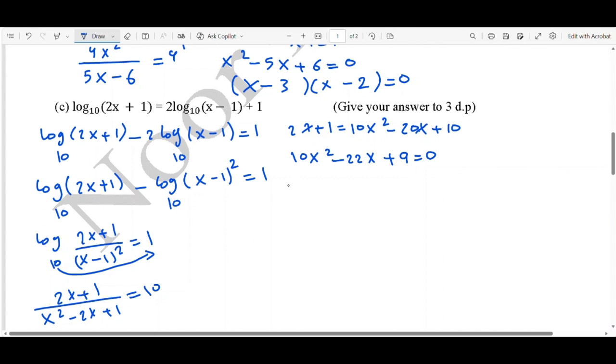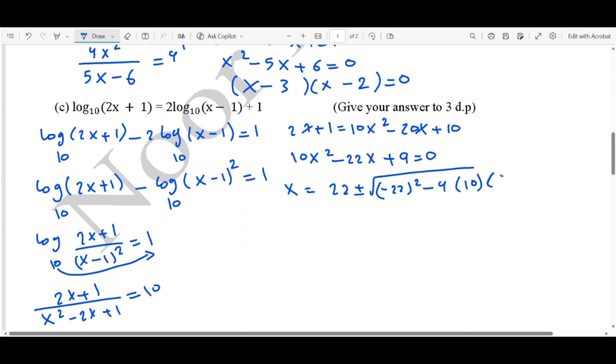Use the general formula. X equals 22 plus or minus the square root of negative 22 squared minus 4 by 10 by 9, over 20.